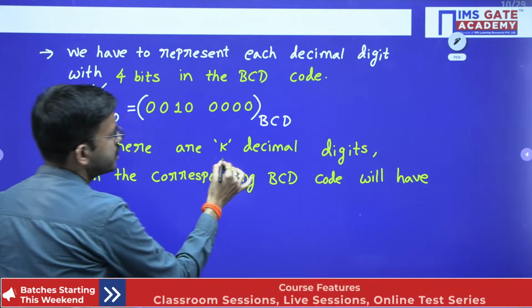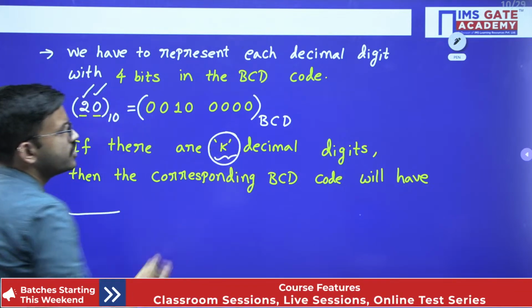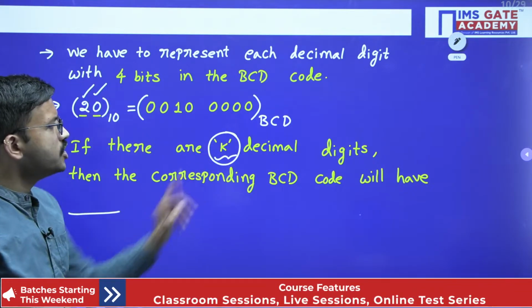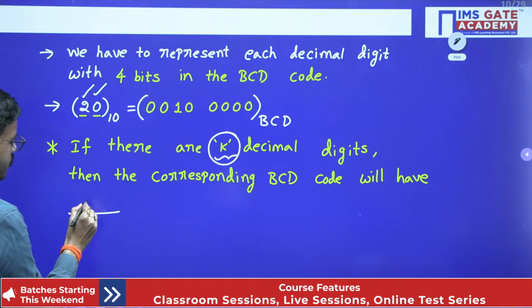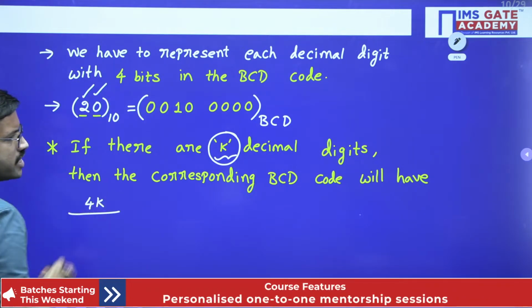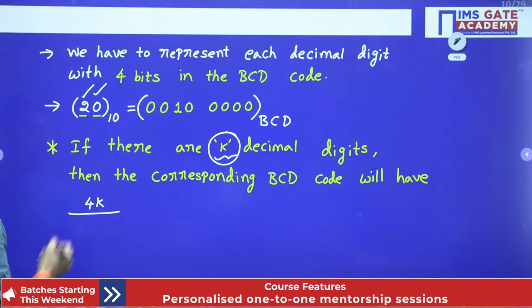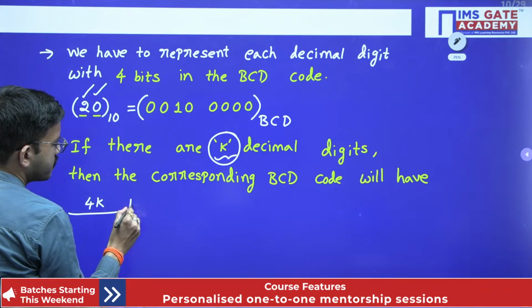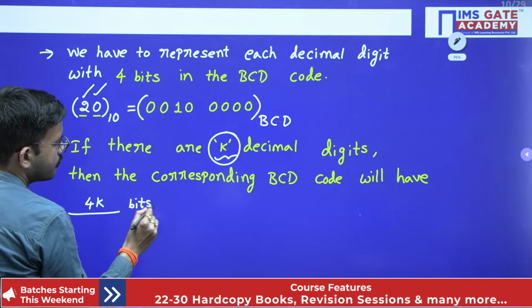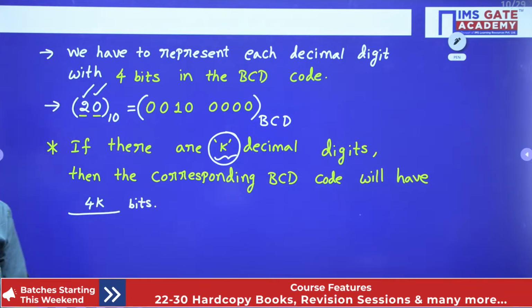If you have k decimal digits, for each digit we require 4 bits. That means 4 into k, which is 4k. The corresponding BCD code will have 4k bits. It is very simple.